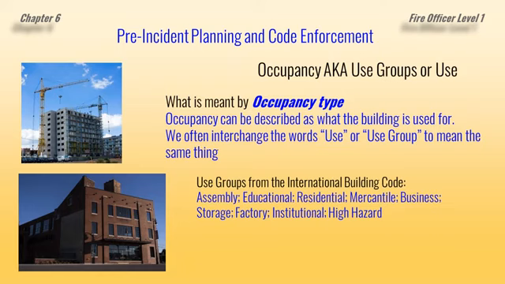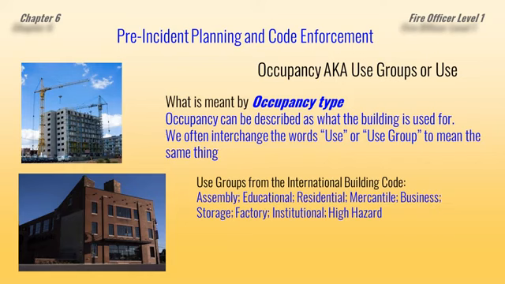And again, all these occupancy types require different types of construction, and based on the occupancy, they may require specialized fire suppression systems. They may require sprinkler systems. They may require fire alarm systems. So all this is determined on the use of the building, which then determines the construction type of the building, and then the height of the building and the area of the building are all dependent on the construction type, and then what type of fire protection systems do you need in the building.